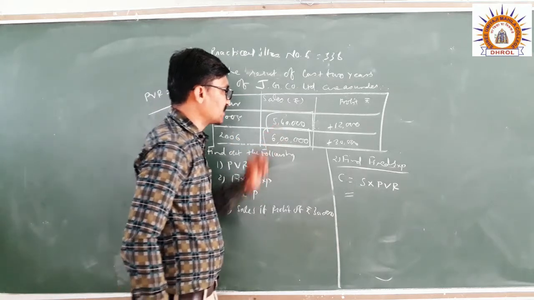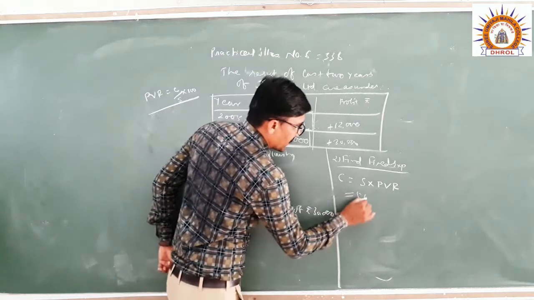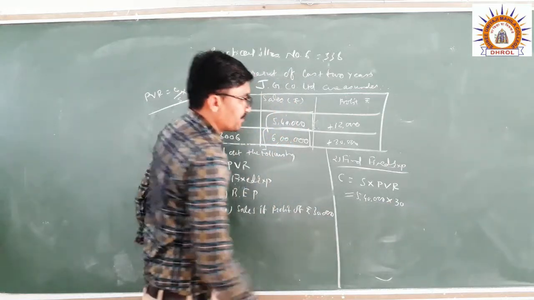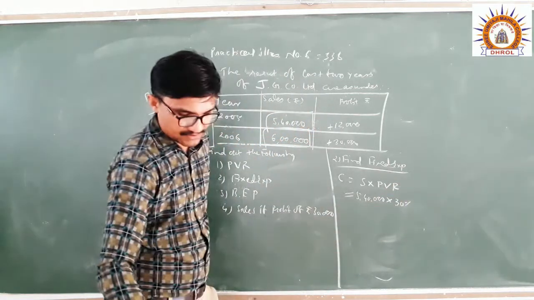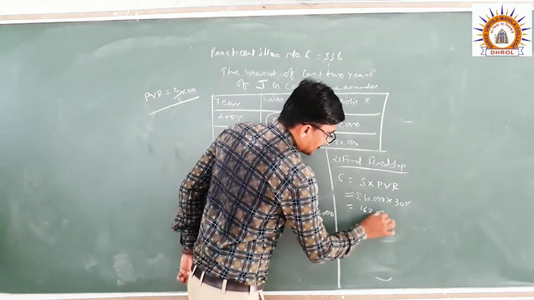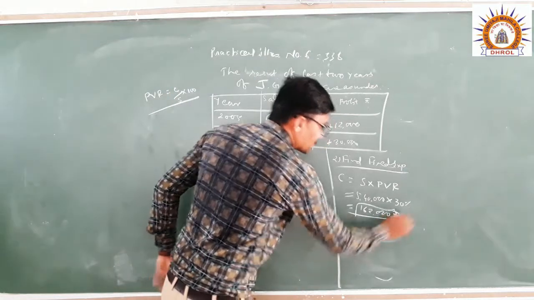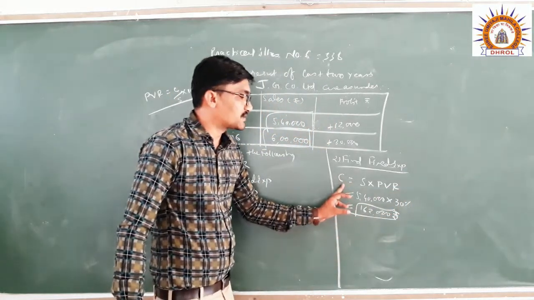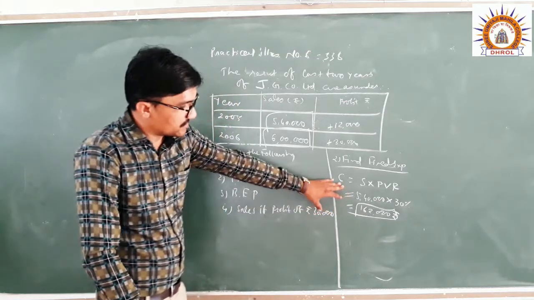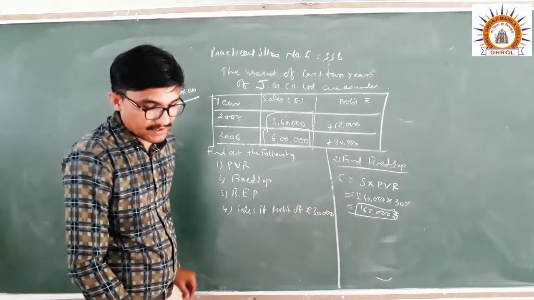Let us start with the amount of sales in 2005. Here 5 lakhs 40,000 multiplied by PVR of 30%. So C is equal to 1,62,000. It is in terms of rupees, which is called the total contribution.